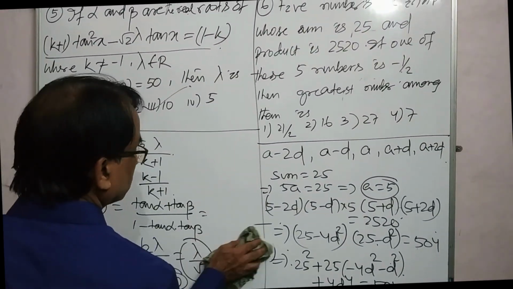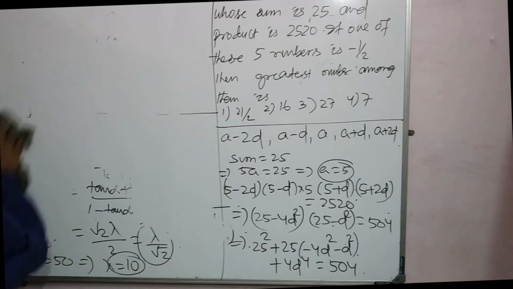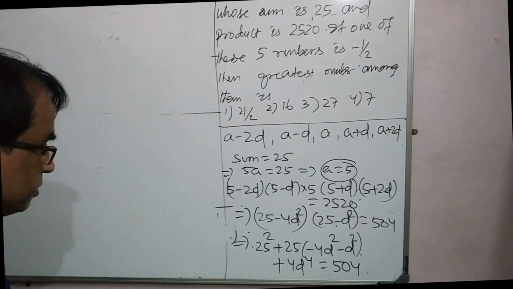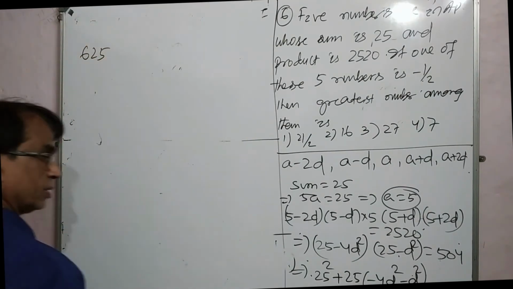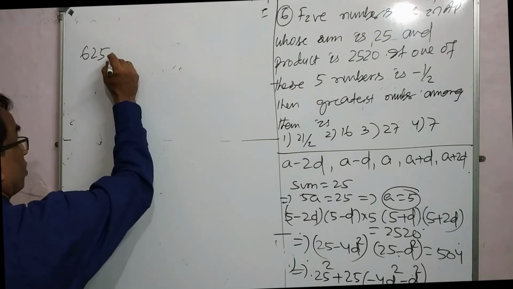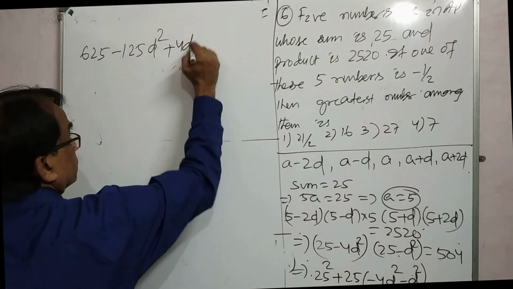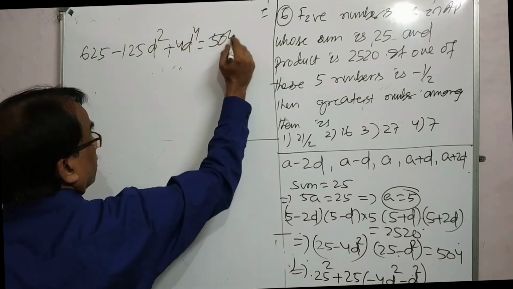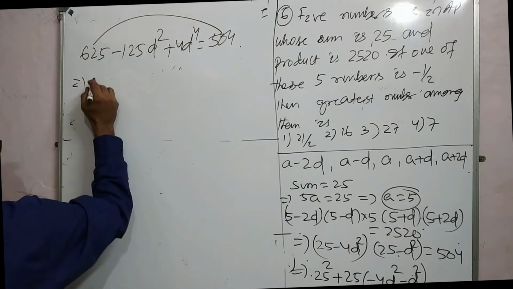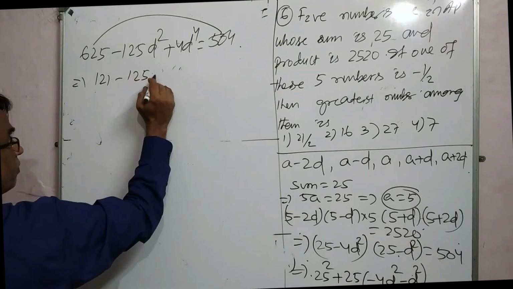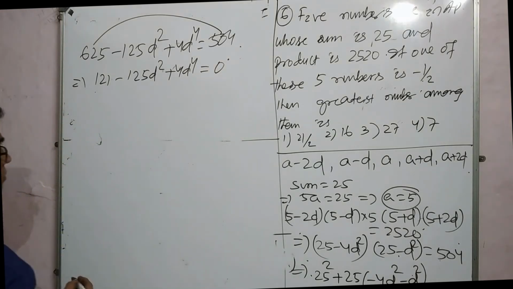Now simplifying. This problem is over, so I am erasing this part and coming to the solution steps. Now 25 square, that is 625, minus 125 d square plus 4d to the power 4 is equal to 504, and bringing to this side it comes out 121 minus 125 d square plus 4d to the power 4 is equal to 0.